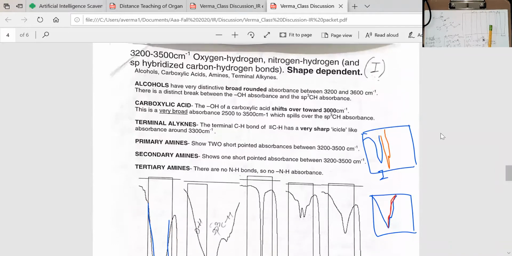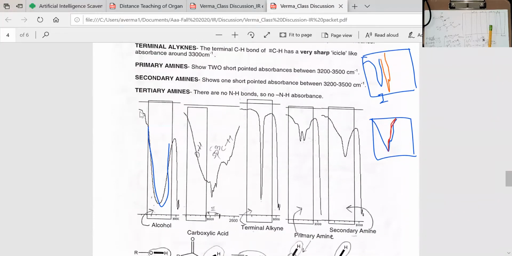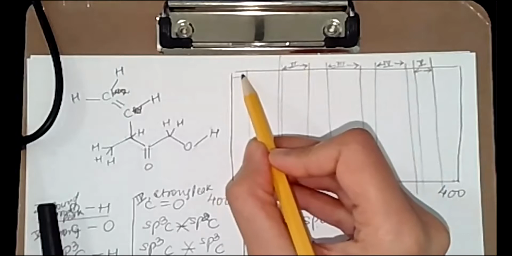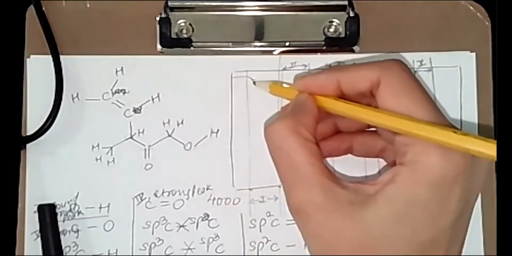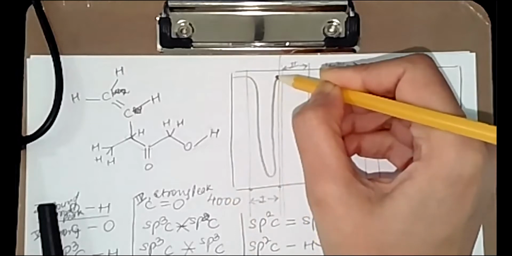Look on the page where you have region 1 and see what the shape of your OH peak looks like. It's a rounded peak, and that's the way I'm going to draw here. I will draw my baseline. I will draw my rounded peak here.